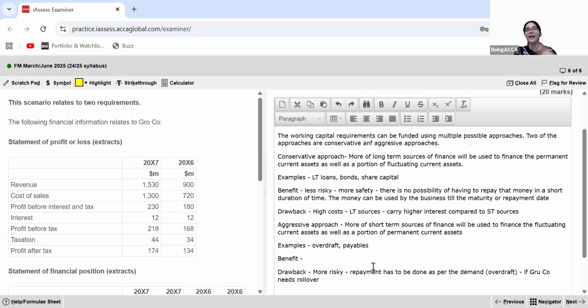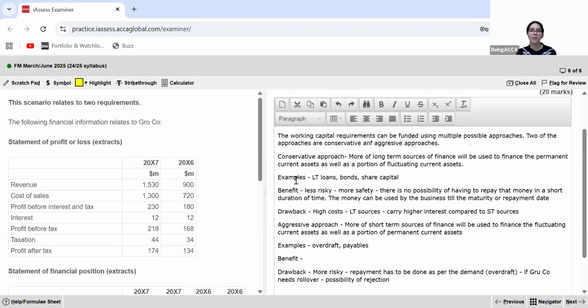If I want to have it again for 3 months, there's a risk that the bank will reject that request of mine. So if Gru company needs rollover, there's a possibility of rejection. So I might not get that money again. My business was going fine because I had that money. Now, because I have to return it, I may not be able to sustain. My business will face liquidity issues. So this is the drawback with this method.